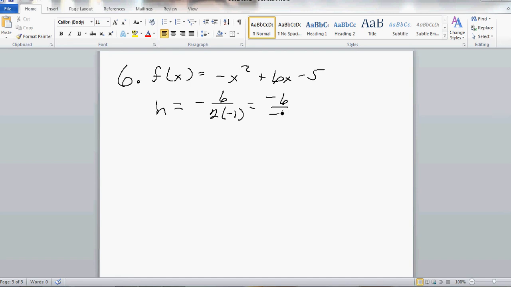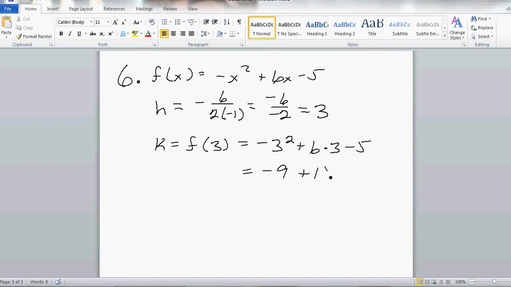Negative 6 over negative 2, which equals positive 3. And to find k, all we have to do is find f of h. So that'd be negative 3 squared plus 6 times 3 minus 5 equals negative 9 plus 18 minus 5, which equals 4. And so the vertex here would be 3, 4.